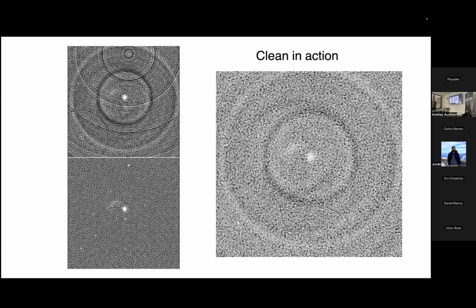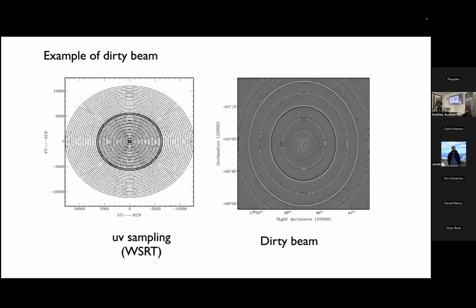Problem solved. So your PSF is a mathematical function, so you have to build it. We know exactly the sampling function. We know where we have collected data. So this is just a map of 0 and 1, the sampling function, and you Fourier transform that.